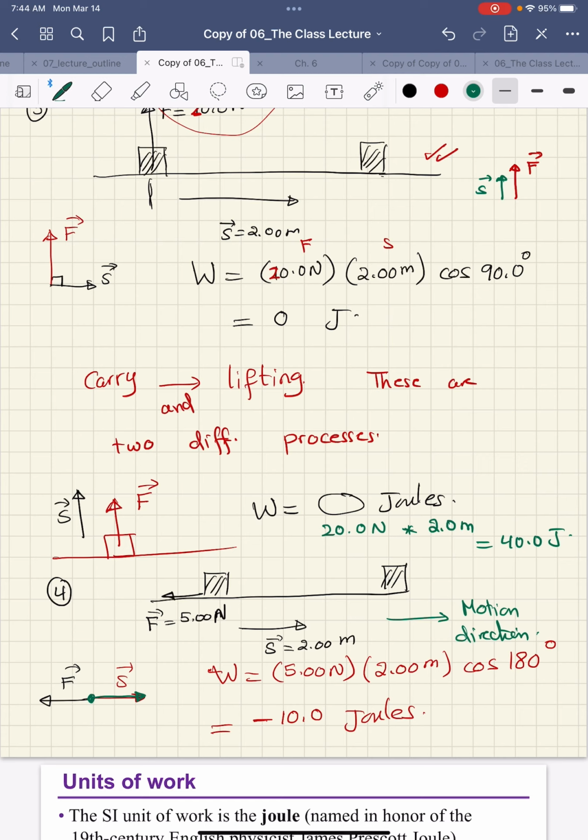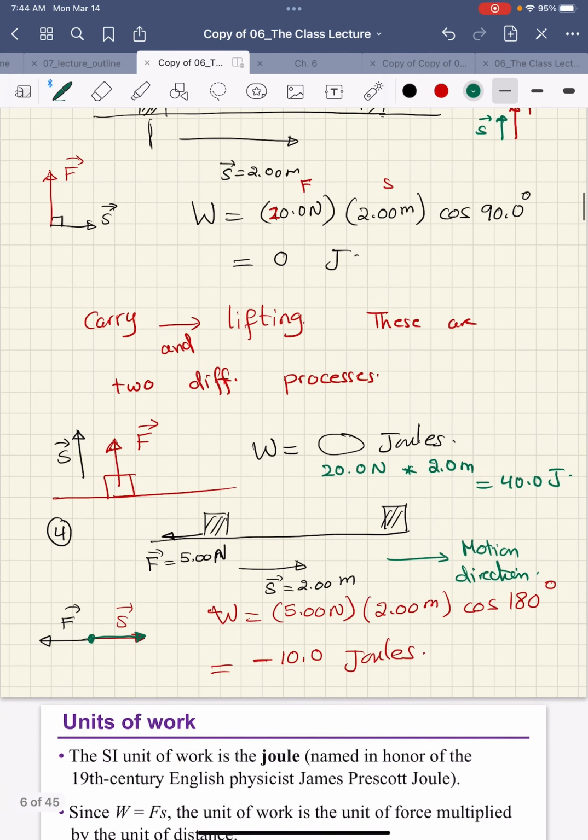Here I have cosine 180, which is negative, and 5 times 2 is 10, so it is negative 10 joules. That is what happens when any force opposes the motion, like air resistance or friction between solid and solid, any force that tries to hinder the motion or slow the object down.